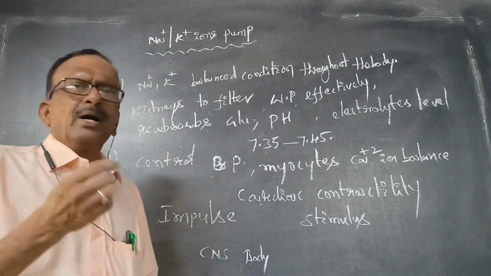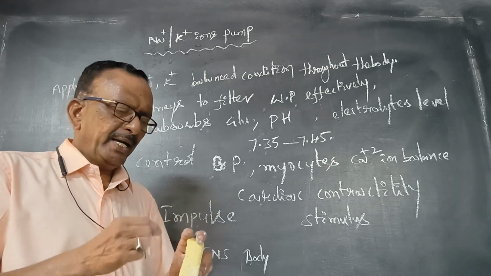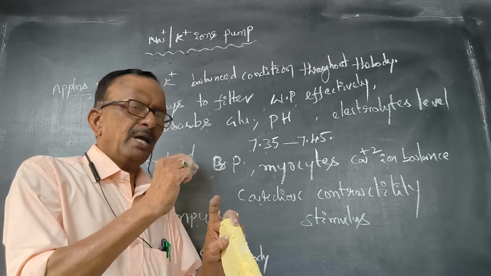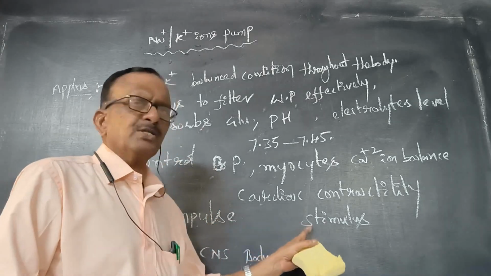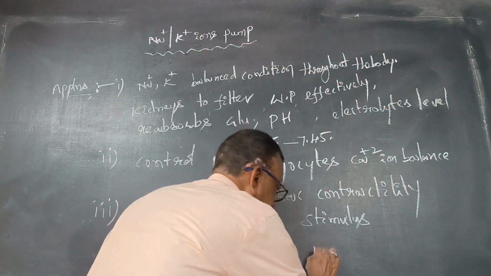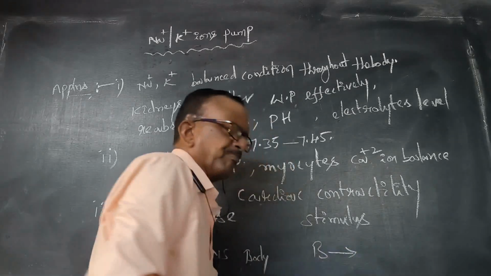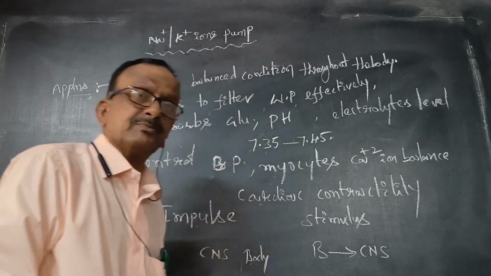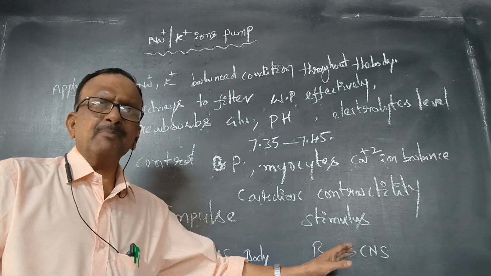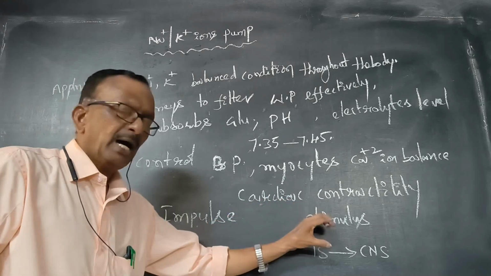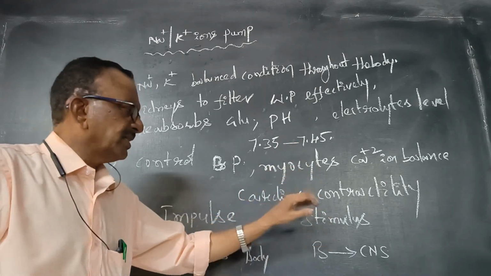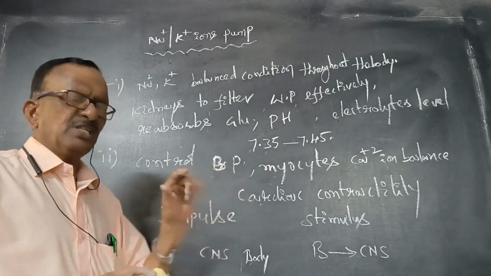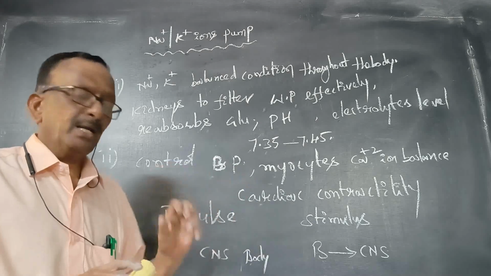Suppose we take a small needle and hit it on a finger, then that constitutes a stimulus. That means information will move from the body to the central nervous system. Then the central nervous system will observe what is happening to that forefinger, and it will give the information: remove it from that needle.